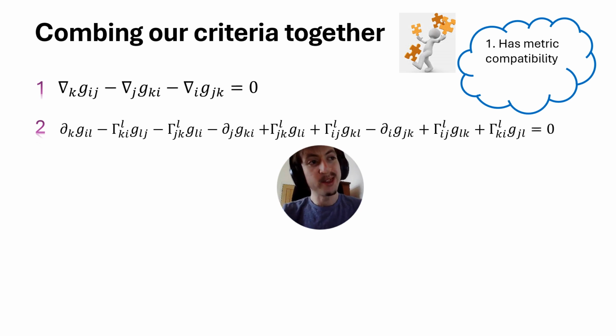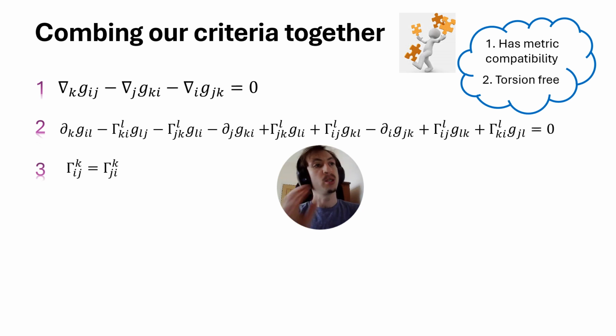But thankfully, in addition to metric compatibility, we have another condition we can use to drastically, and I mean drastically, simplify equation 2. And that's the condition of torsion-free connection coefficients.